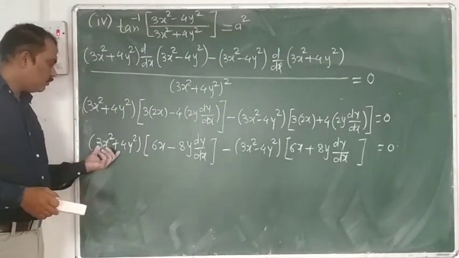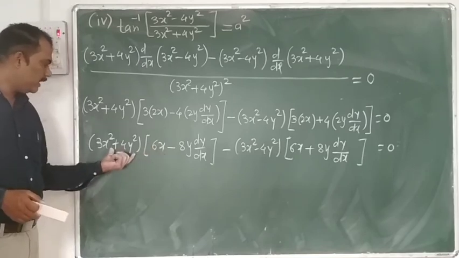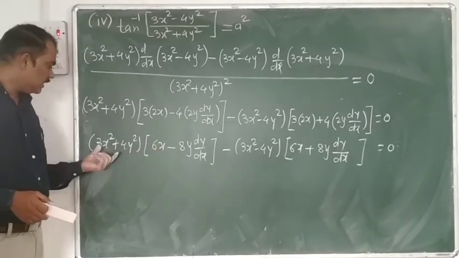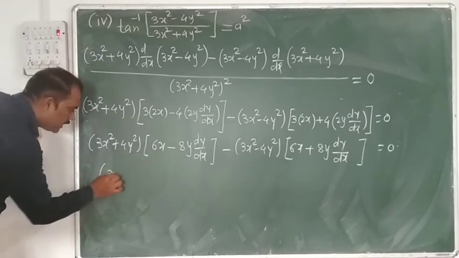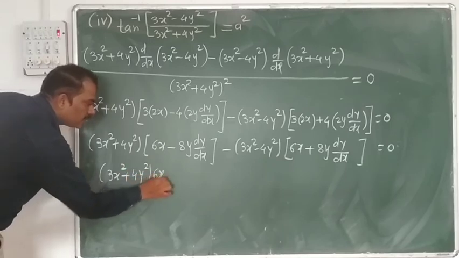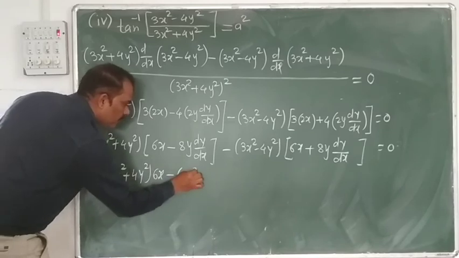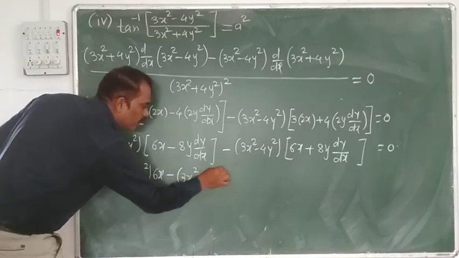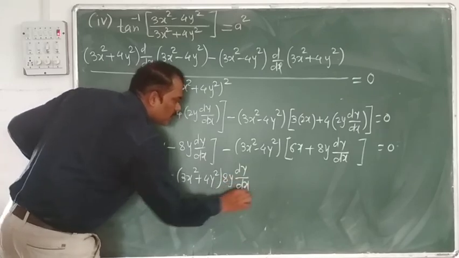Now we have to multiply this bracket to each and every term of this whole bracket, that is (3x² + 4y²) into 6x, so we can write (3x² + 4y²) into 6x minus, due to this minus, (3x² + 4y²) into 8y dy/dx.